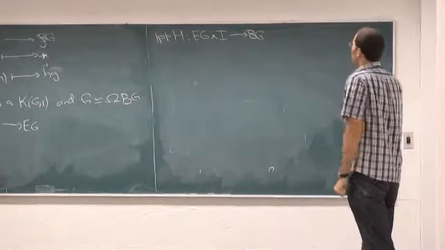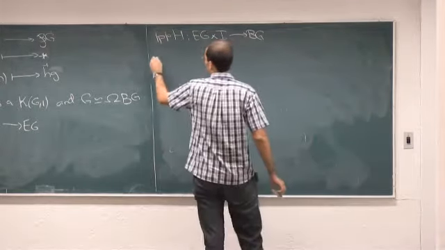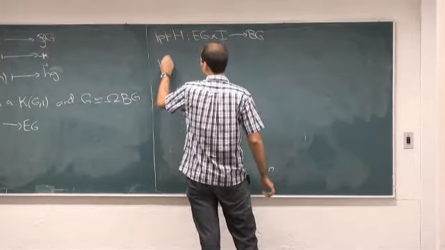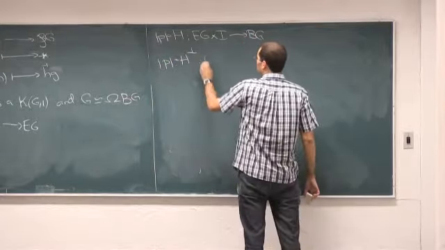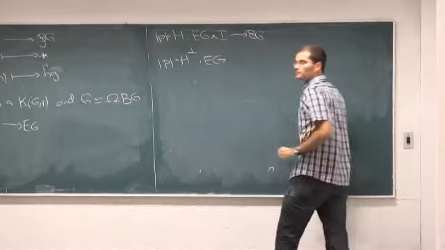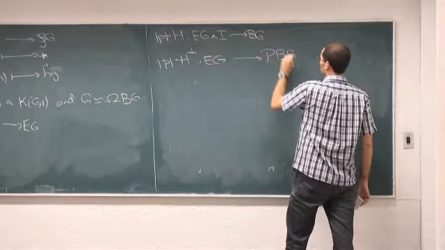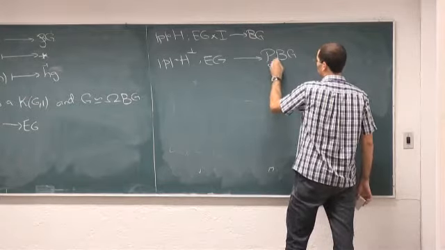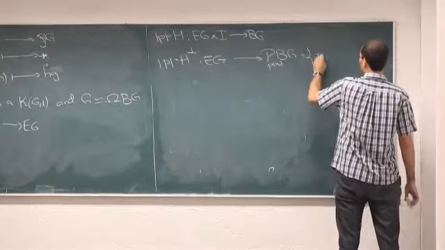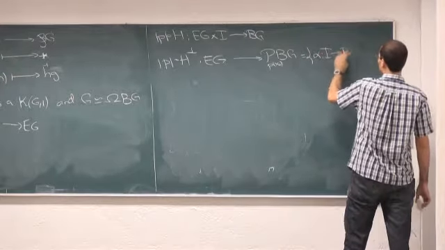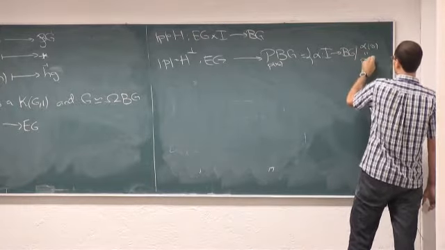Now, if we look at the adjoint of this map, it gives us a map from EG to paths on BG that start at P(x0). I just mean alpha from I to BG such that alpha of 0 is P of x0.